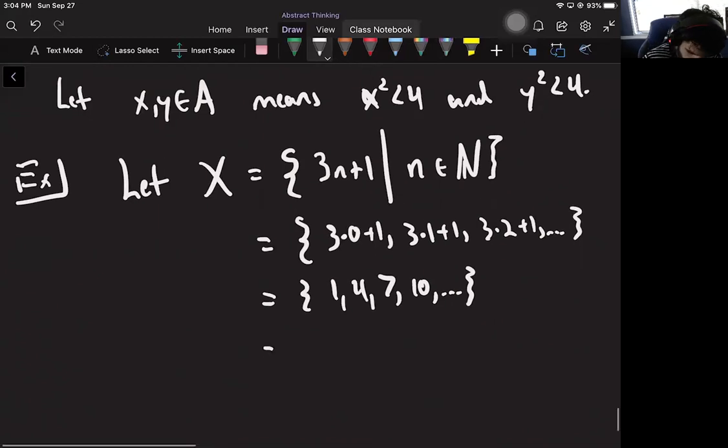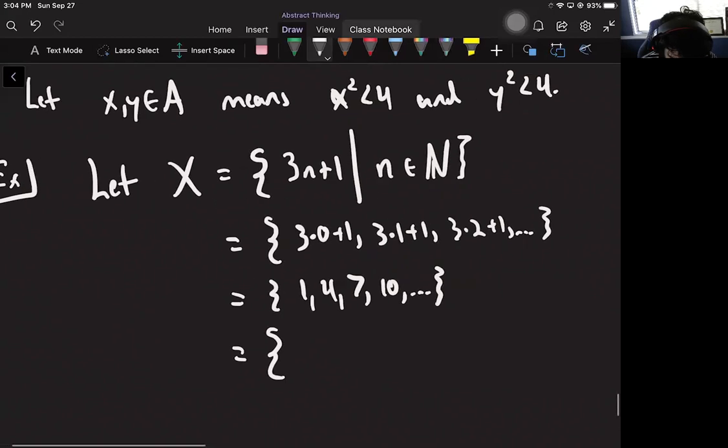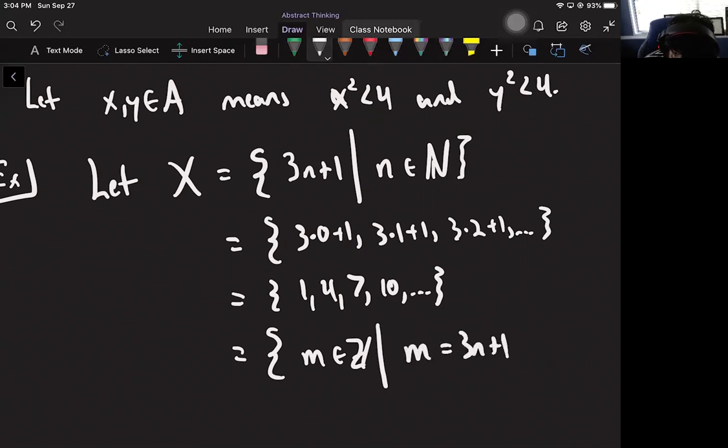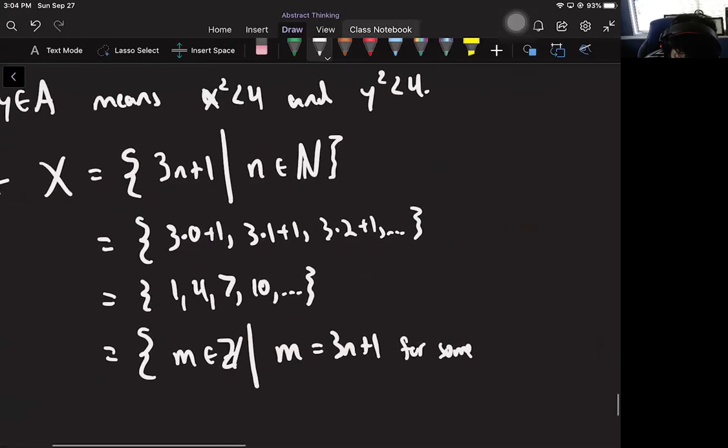And again, I could have written it using better notation, which is to say I could write something like this. I could say it's going to be integers. Sorry, not integers. Well, I could keep it as integers actually. It's going to be integers such that, well, I don't want all of them. I just want the ones that look like 3n plus 1 for some n in the natural numbers.